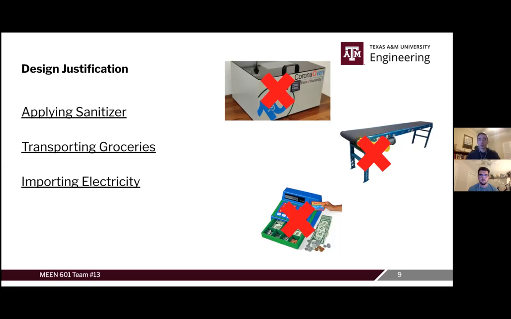For transporting the groceries, the powered rollers offered that sort of benefit alongside the spray nozzles, unlike something like a conveyor belt as is traditionally used with groceries. And then lastly, we wanted to import the electricity via a separate power line into a normal outlet rather than hardwiring the system into a cash register, just to limit the amount of time needed to implement a system and get it up and running.